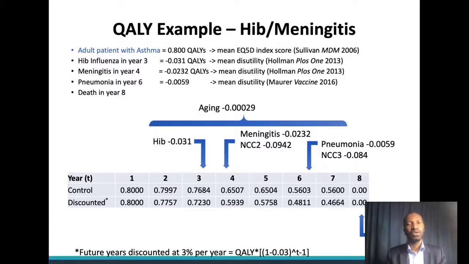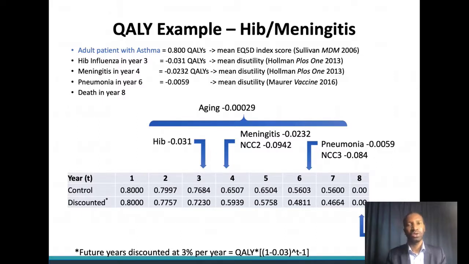Let's look at an example of how to calculate QALY for meningitis, HIB, and pneumonia. Suppose that for an adult patient with asthma, we have a 0.8 QALY, which is the mean EQ5D index score reported in Sullivan. Now, suppose that HIB influenza in year 3 reduces QALYs by 0.031.